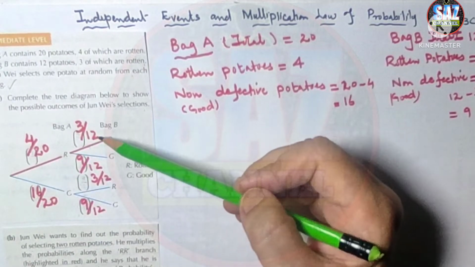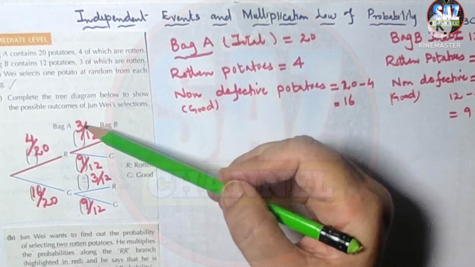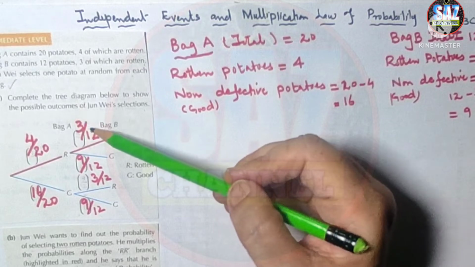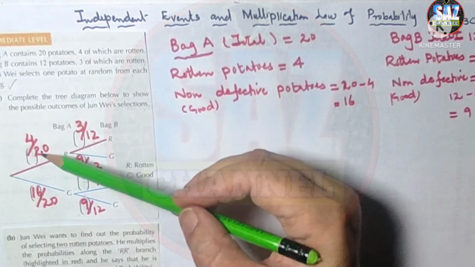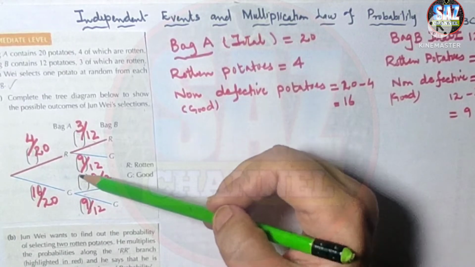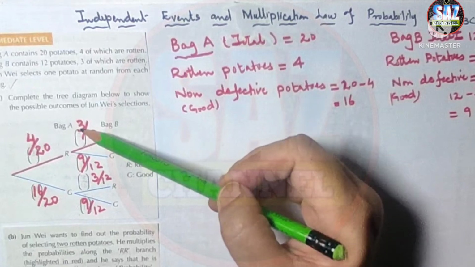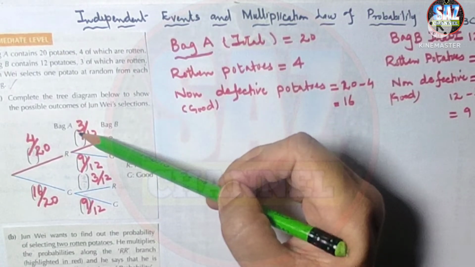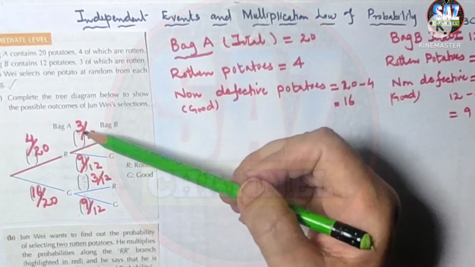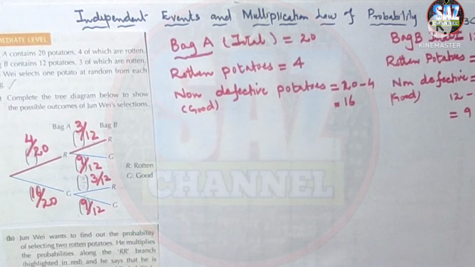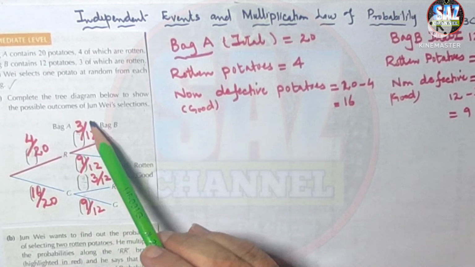Same coming to bag B, when we are selecting the potatoes from bag B, that has no effect on the choice or selection of the potatoes of bag A. That is why the rotten potatoes and good potatoes from bag B and the total remain the same.